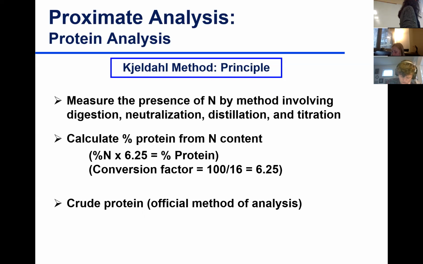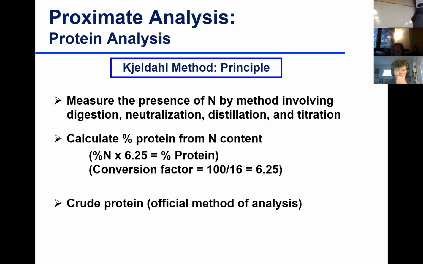It involves digestion with an acid, neutralization and distillation with a base, and then titration with an acid. We'll talk about all of the chemistry of these and the equation and calculation for protein content.